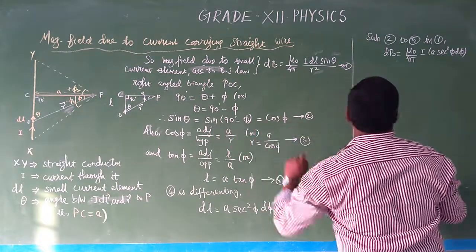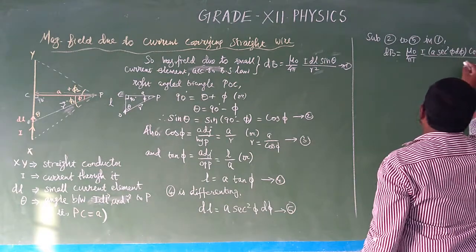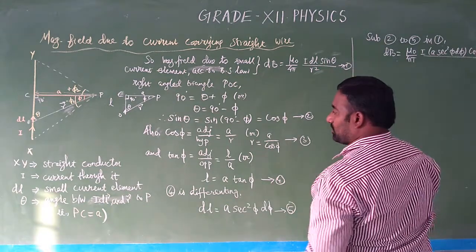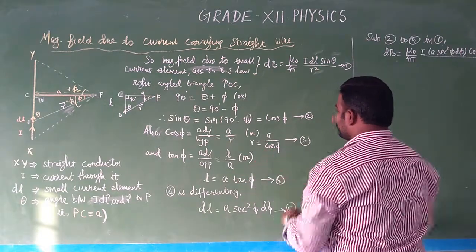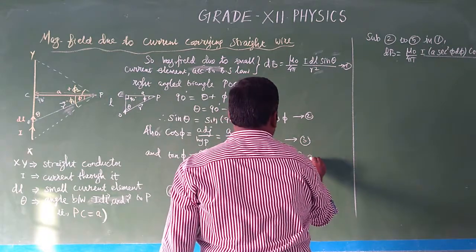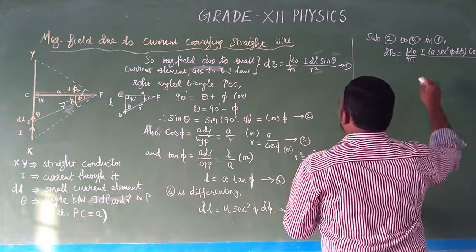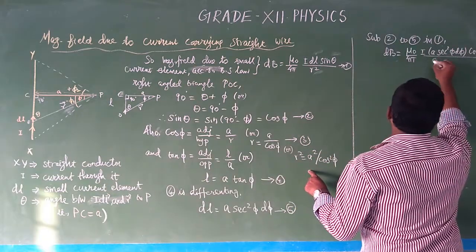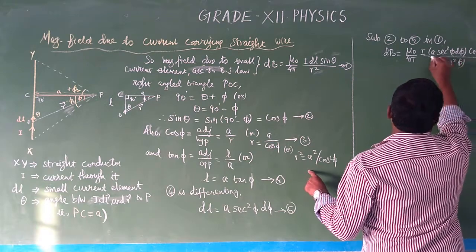Sin theta is equal to cos phi, cos phi divided by r square. What is the r? R value is equal to A by cos phi. Therefore r square is equal to A square by cos square phi. So substitute, instead of r square, A square by cos square phi.